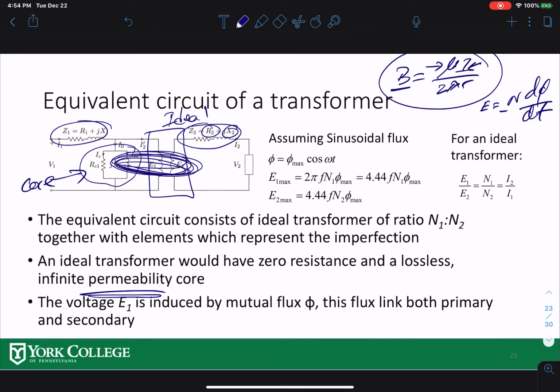So the only thing that will define the voltage level is basically the turns. So if the flux is here, if you use that equation, you will get to this over here, right? And also the second coil is right here. So the only difference is due to the number of turns in the coil, all right? So that's how you get the voltage in two different coils, from the flux produced in the core.